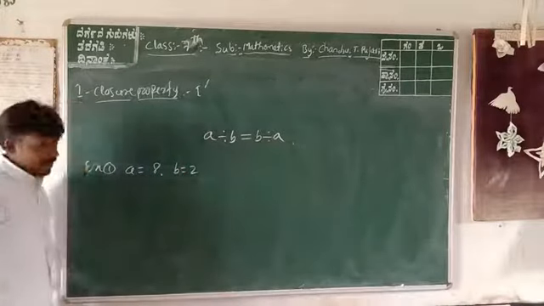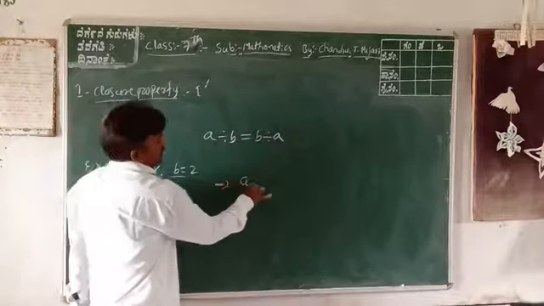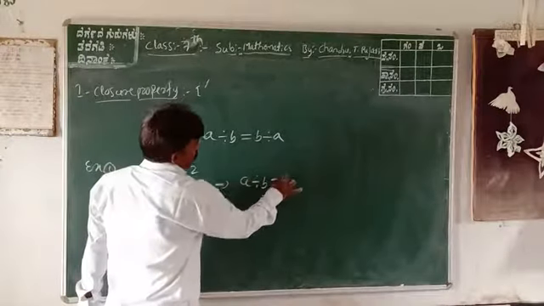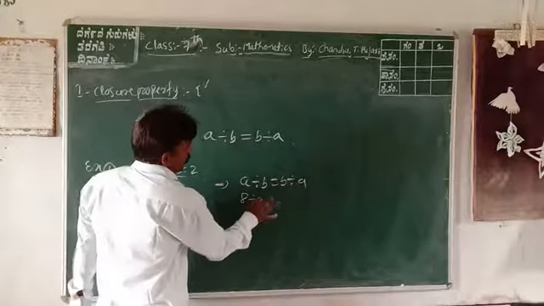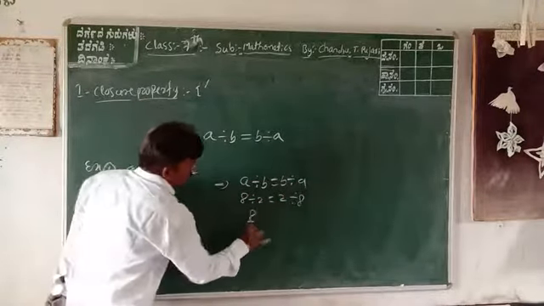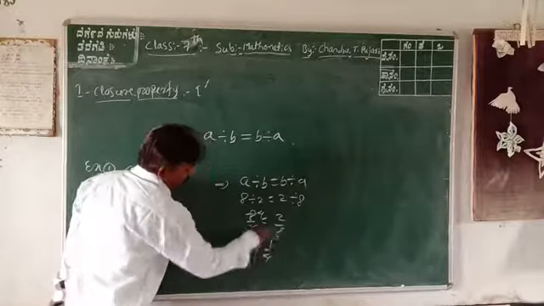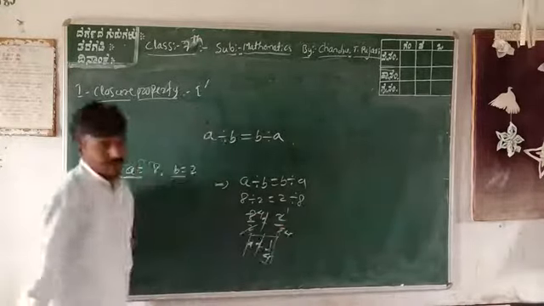Therefore, these two are integers. Check my condition: a divided by b is equal to b divided by a. A value is 8 divided by 2 is equal to 2 divided by 8. 8 divided by 2 is 4, and 2 divided by 8 is 1 by 4. These two are not equal. Not equal. Got it?